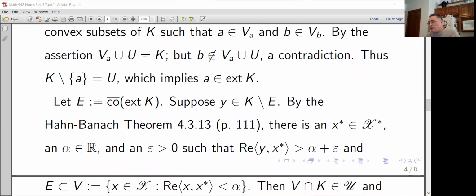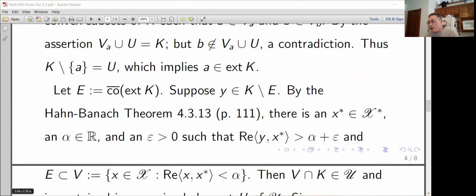The real part of the inner product of Y with X star is greater than alpha plus epsilon, and on E, this same functional is less than alpha. So this X star separates the point Y and E.